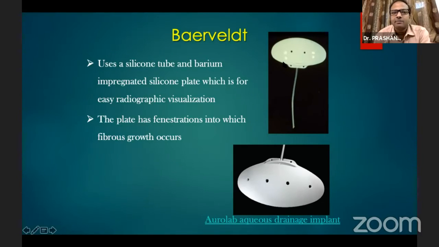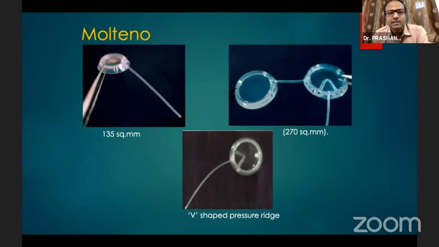This is a non-valved implant again, a large Baerveldt implant, which has a large silicone tube. It has fenestration at the base plate, which allows fibrous growth of the tissue. With time, a fibrous capsule is formed over the implant, which provides resistance to outflow. This is a Molteno implant. It has an acrylic plate and a tube.